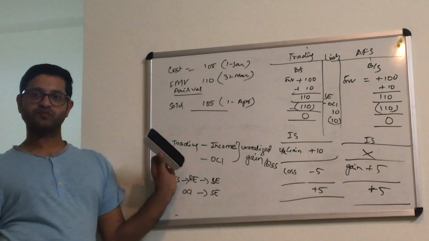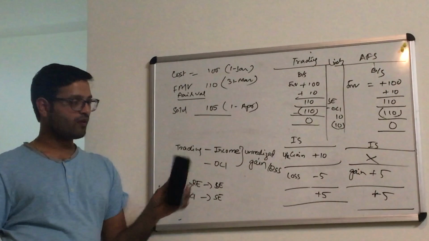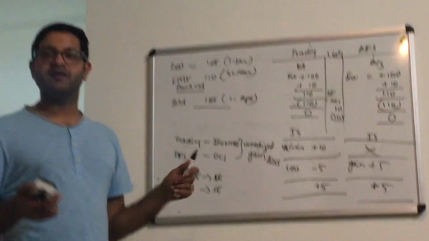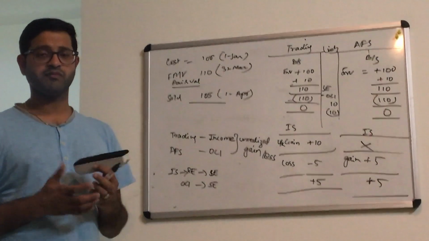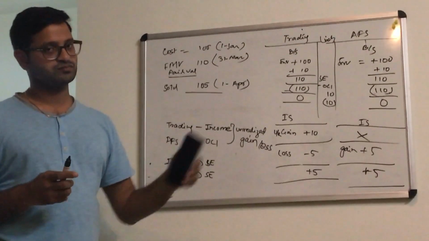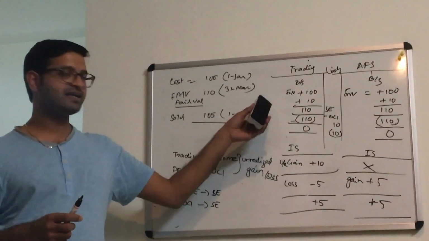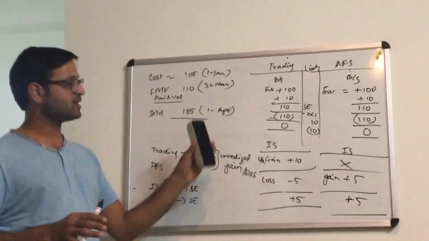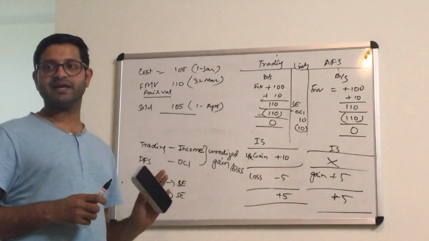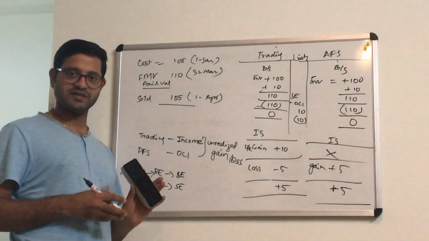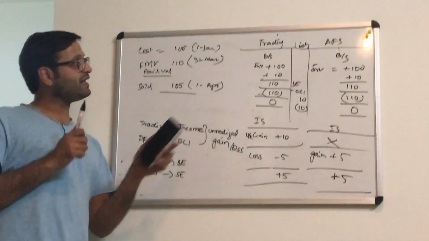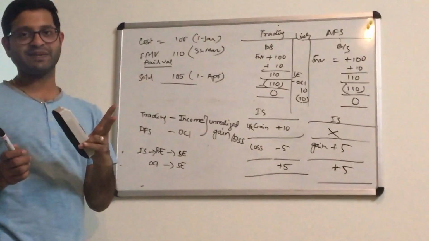Good with this? No confusions? Alright. So in trading account, there is no effect on the liability side, whereas in AFS, there is an effect on the liability side. We got a new entry, OCI. There will be an impact of retained earnings here, but otherwise no. So trading and AFS are the two methods under passive investments. This is another one, held to maturity. Trading and AFS are the two methods in the passive, right?